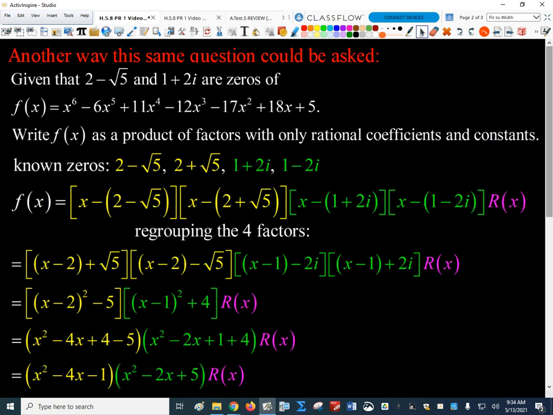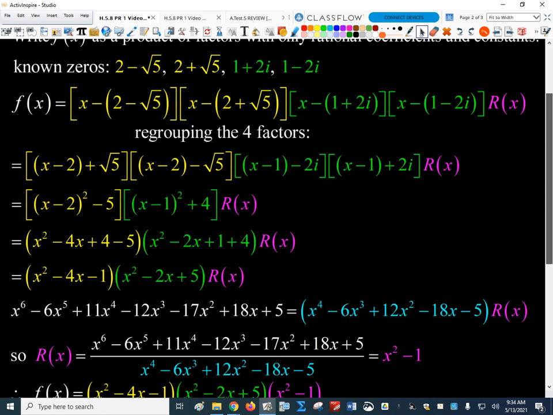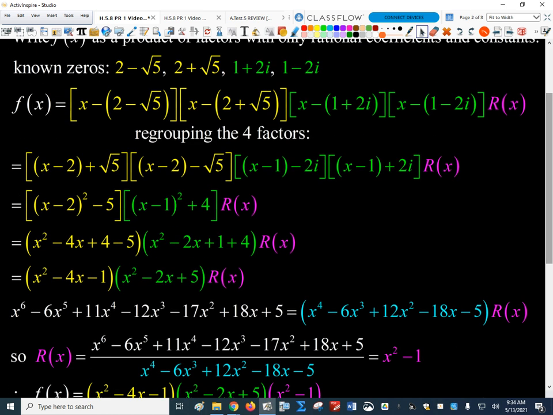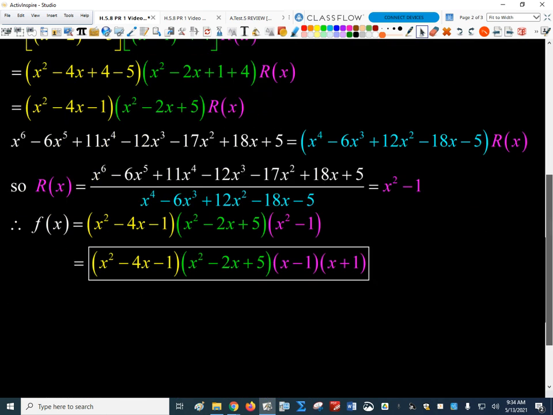So the exact instructions, I believe, would have said something like, write it as a product of linear or irreducible quadratic factors. And so when we take these weird zeros and put them together and create the quadratic factors that they would have come from, those look better. I don't have any square roots in them anymore, right? And so our final answer would just look like this.